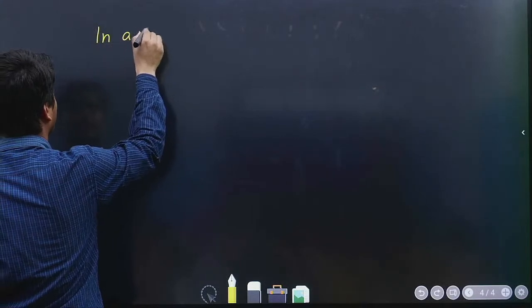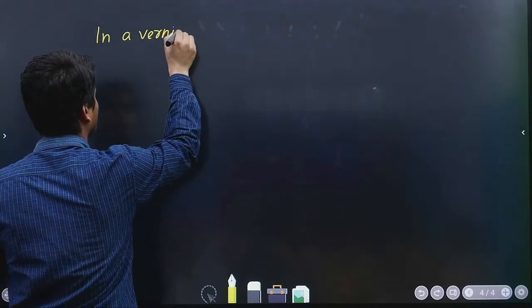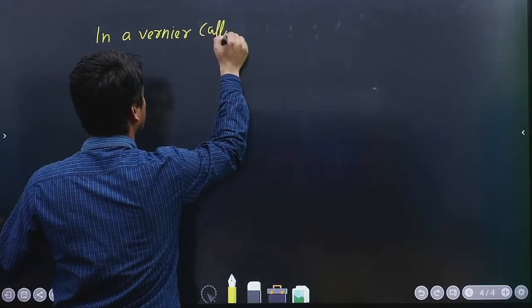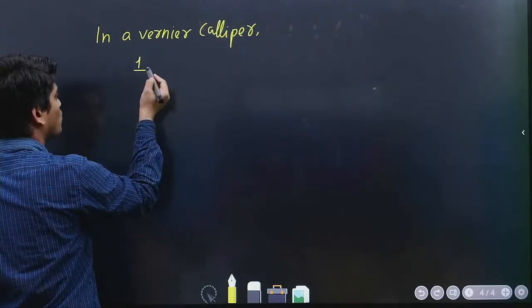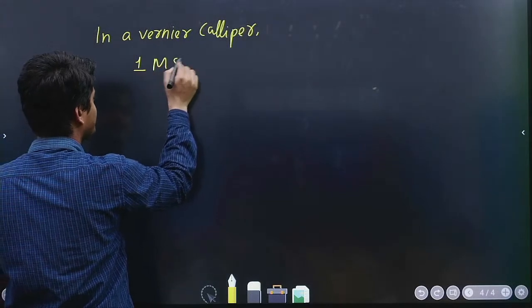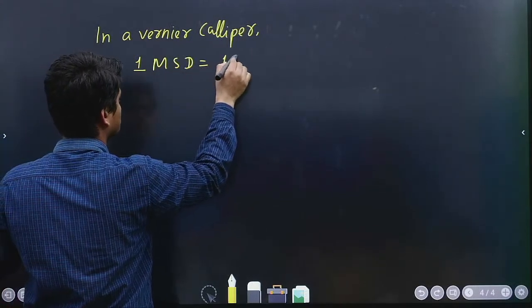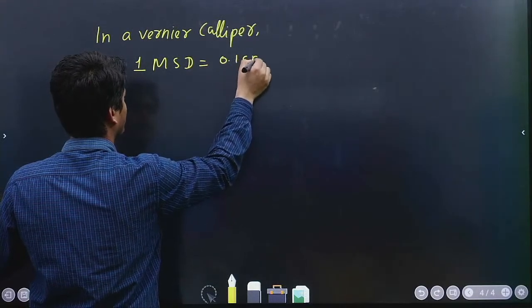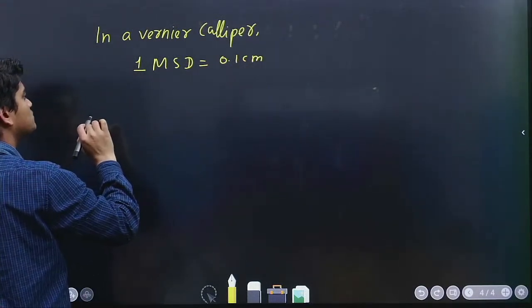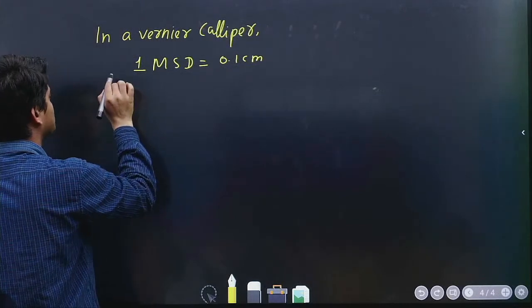In a vernier caliper, one MSD is given, 1 MSD is 0.1 centimeter, or 1 millimeter. It is given like this.